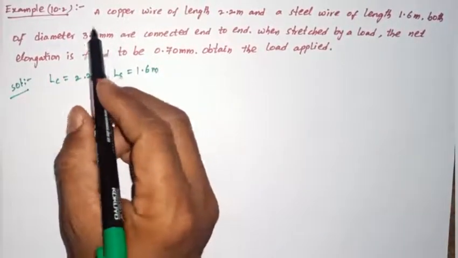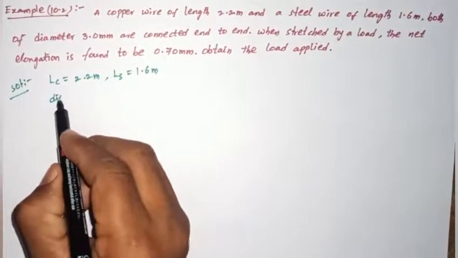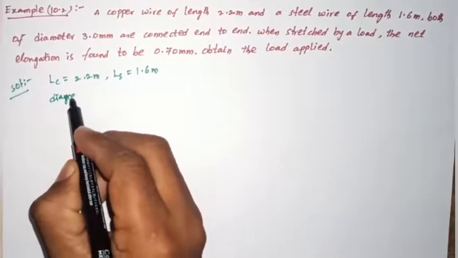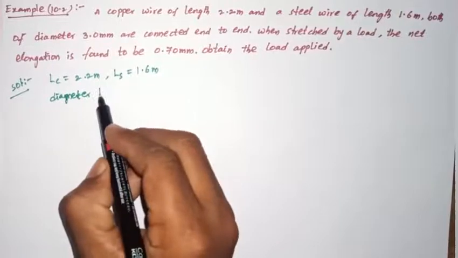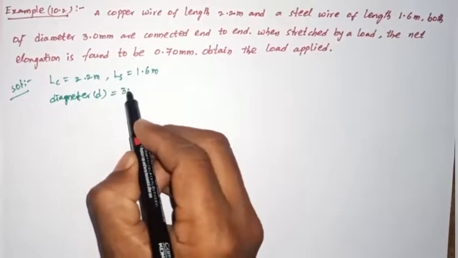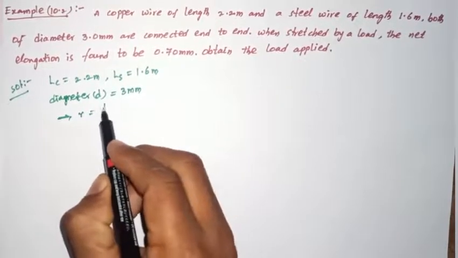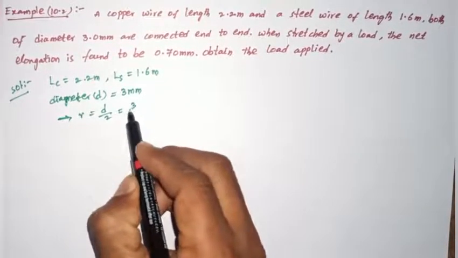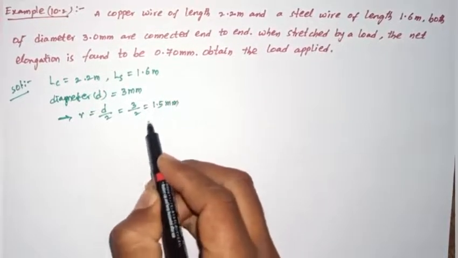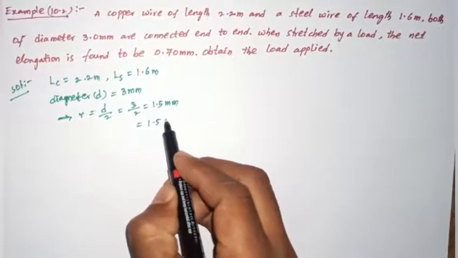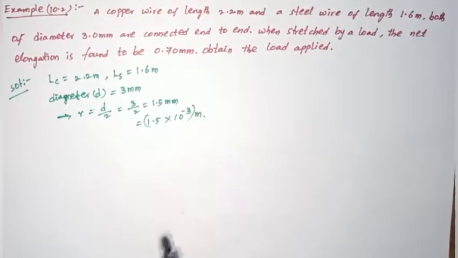Both are of equal diameter, D equals 3 millimeters. So radius R equals D by 2, that is 3 by 2 equals 1.5 millimeters equals 1.5 into 10 power minus 3 meters.